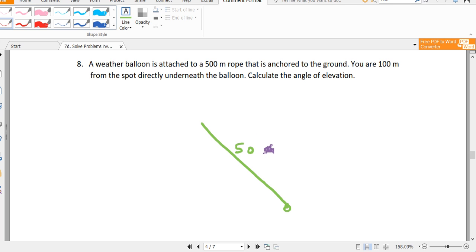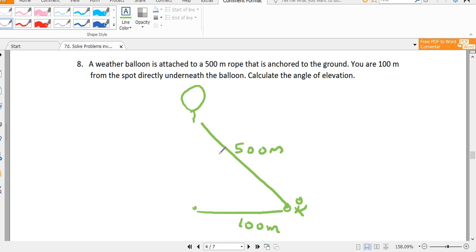So we assume the length of that is 500 meters. And here's the balloon. You are 100 meters from the spot directly underneath the balloon. So this is the spot underneath the balloon, and you are 100 meters from it.